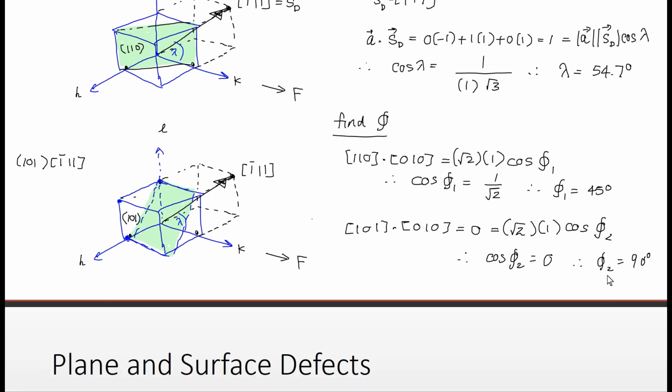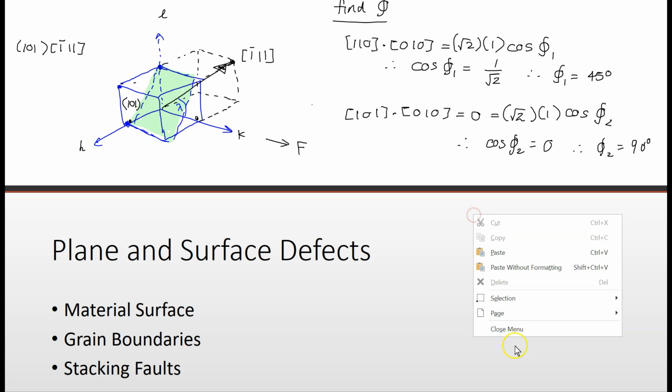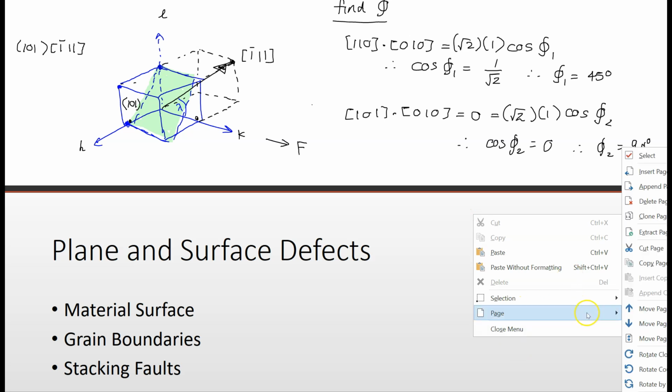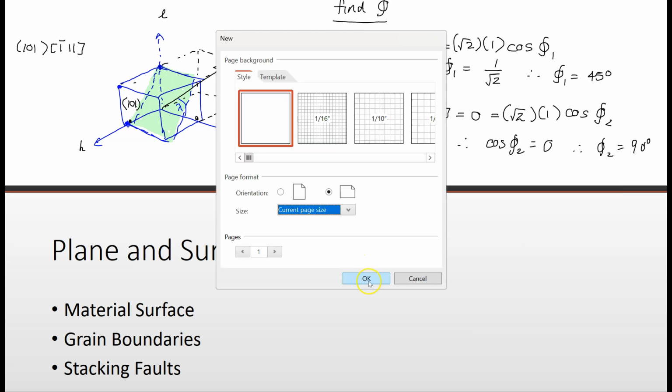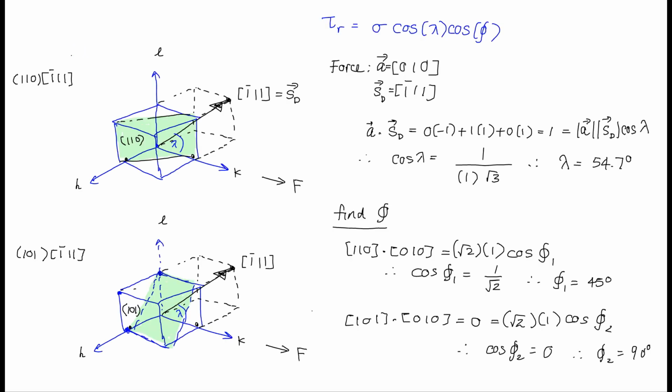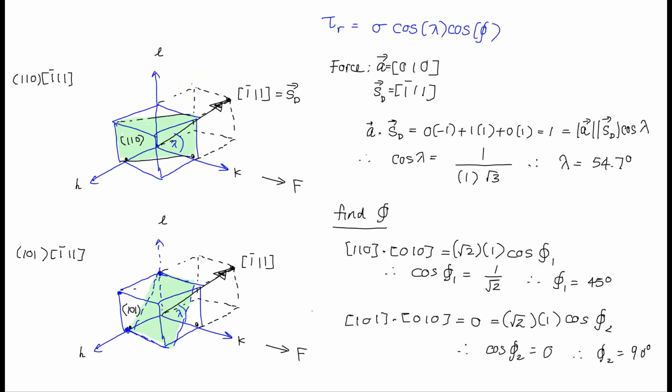Okay, now we have this information. We can calculate the resolved shear force in each of those slip directions. So for the first system, which was the 110 1 bar 11, let's remind ourselves what sigma was.